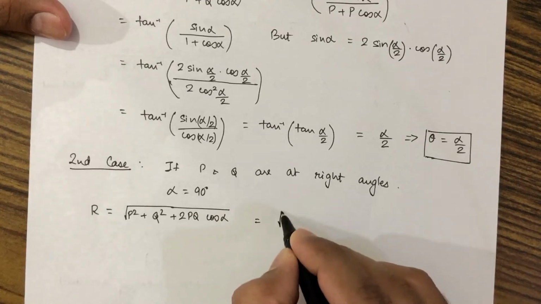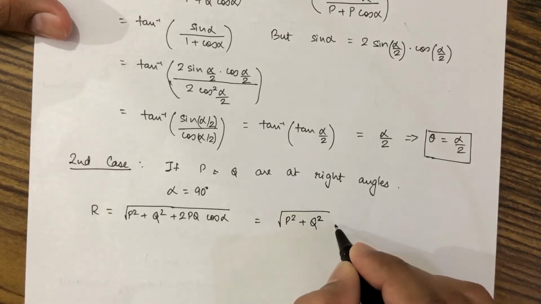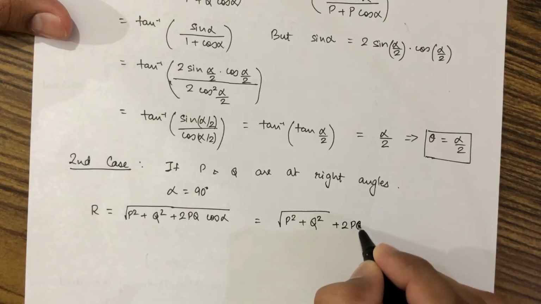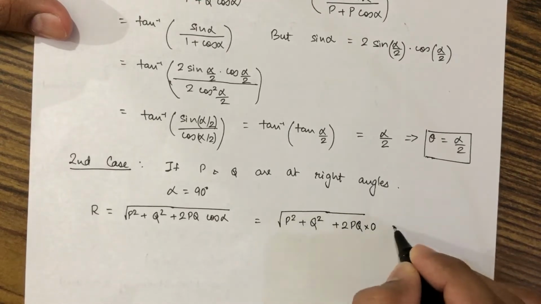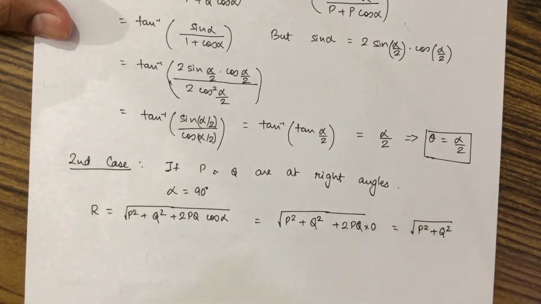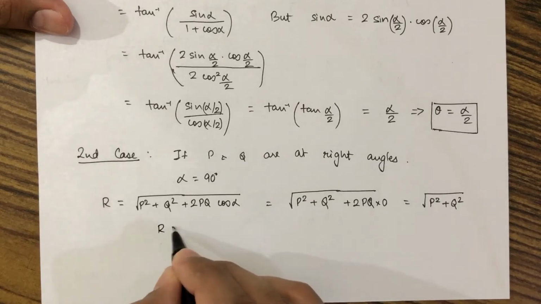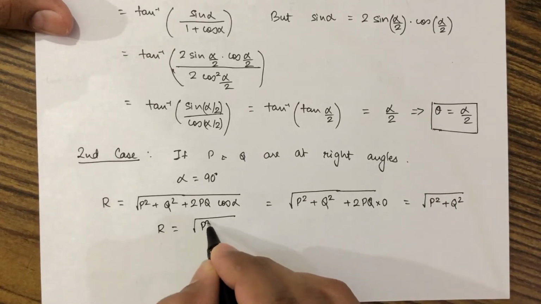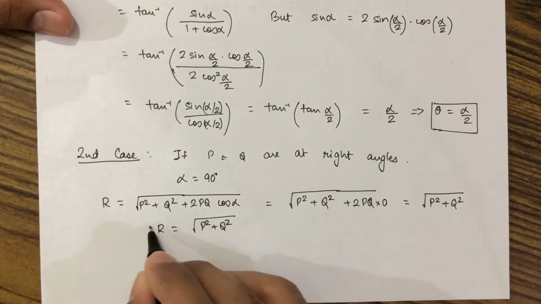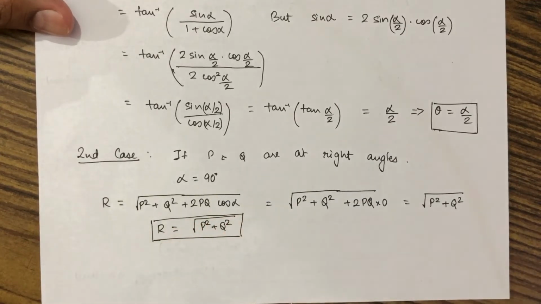So this can be written as P square plus Q square plus 2PQ into 0, that is, square root of P square plus Q square. Hence, R is equal to square root of P square plus Q square if P and Q are at right angles to each other.